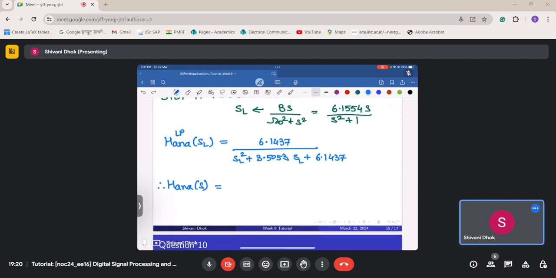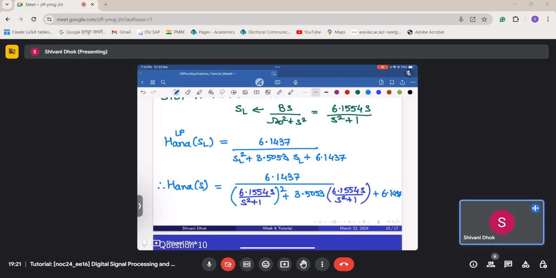We have 6.1437 divided by (6.1554 s upon s square plus 1) whole square plus 3.5053 into (6.1554 s upon s square plus 1) plus 6.1437.